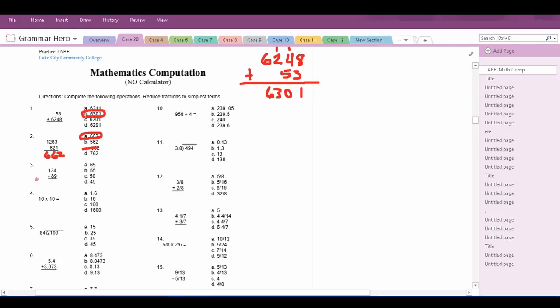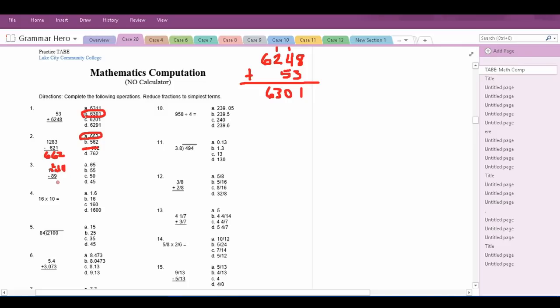Okay. Again, this one's straightforward. They didn't write the bigger number on the bottom, so there's nothing to rewrite. That said, we have 134 minus 89, so we're going to start on the right and work our way to the left. We have 4 minus 9, so we're going to have to borrow from this 3. This 3 is going to become a 2. This 4 is going to become a 14.